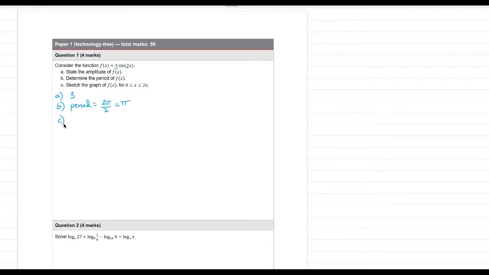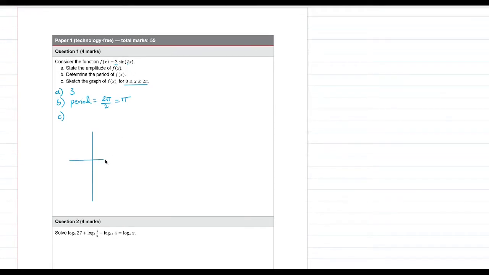Sketch the graph of f of x for x between 0 and 2 pi. So our period is pi. So you can start there.